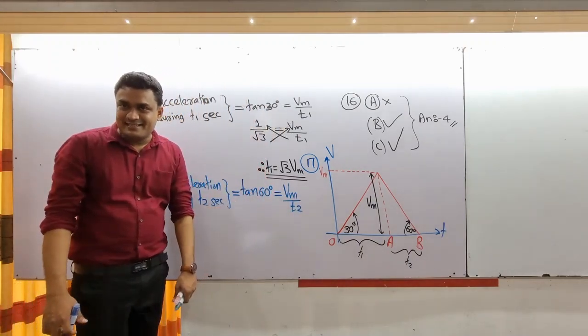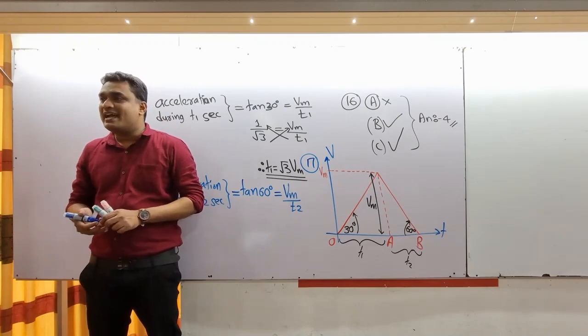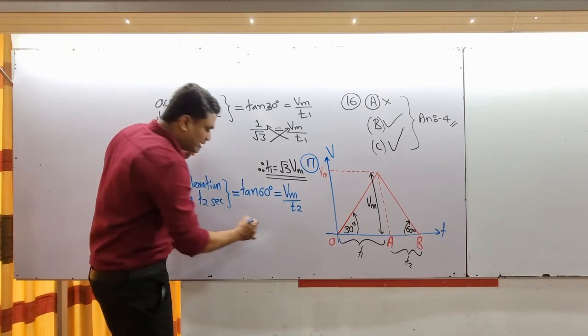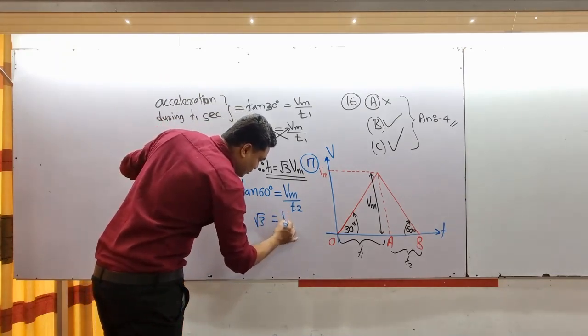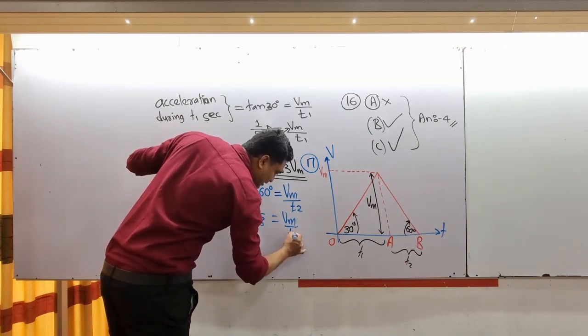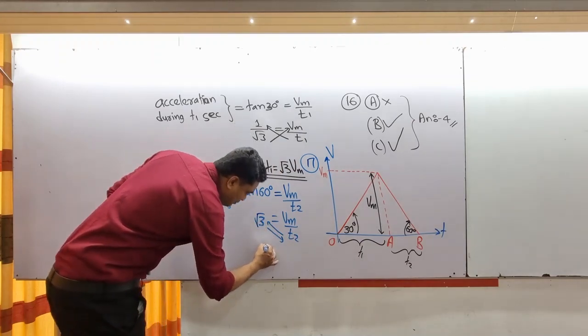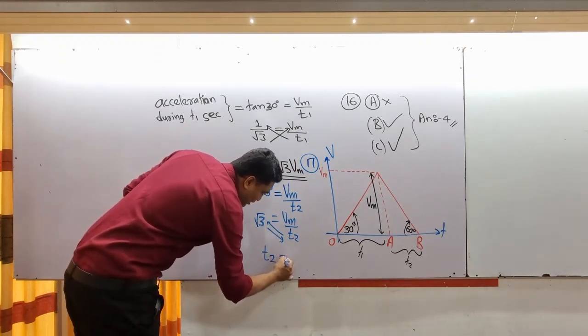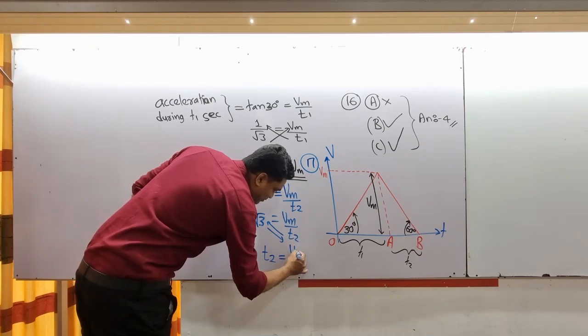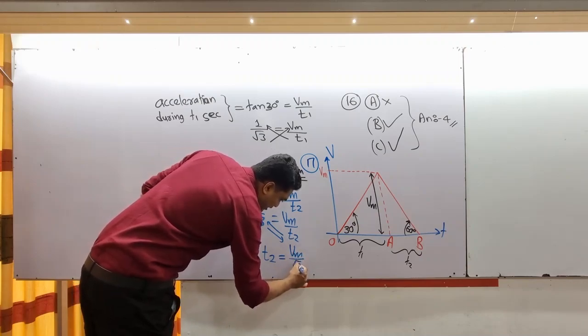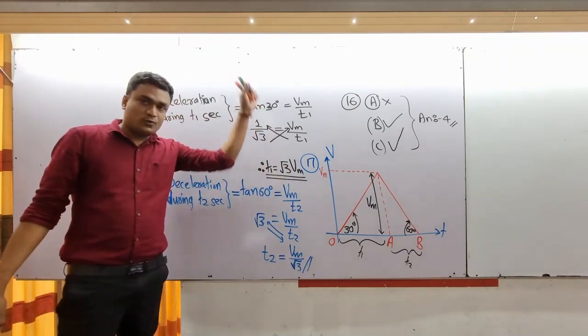Sin 60 divided by cos 60 is tan 60. It is root 3. So root 3 equals Vm over T2. Just use cross multiplication and make T2 the subject. So T2 is Vm divided by root 3. Write them all.